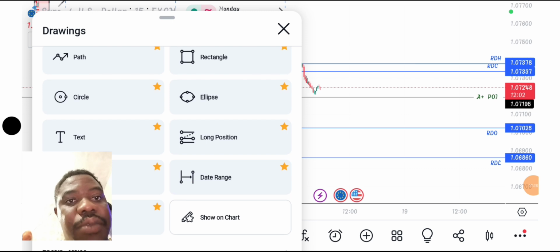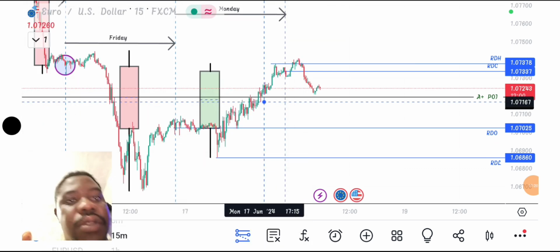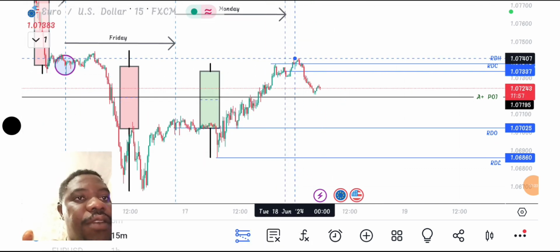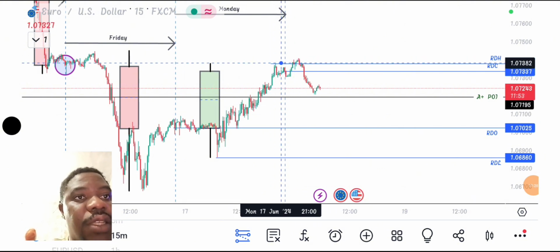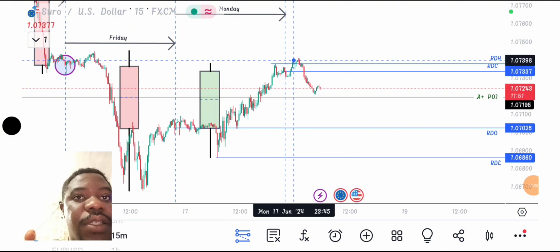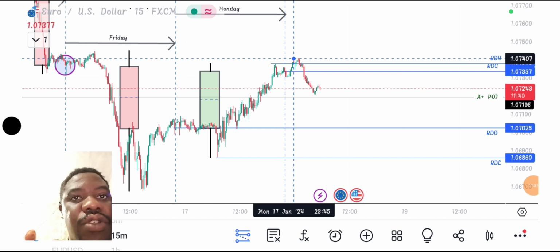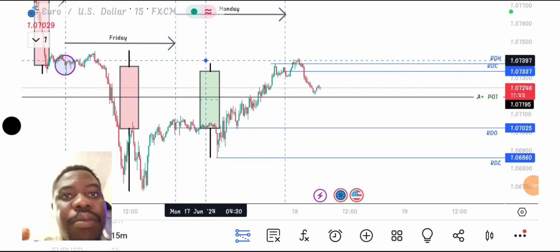What I want to bring out here is the short position. So we have price sweeping out the high of the day here, the high of the recent day. Now we already swept it, and then into a fair value gap that broke structure here.